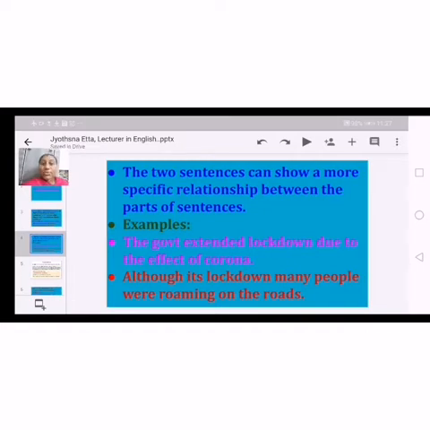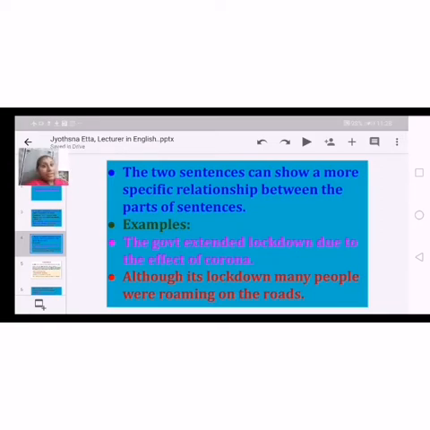So the government has extended the lockdown, it's a main clause, an independent clause. And why? The reason is the subordinate clause here. Due to corona. So "due to" is a connector we are using here. So, due to the effect of corona, the government has extended the lockdown.